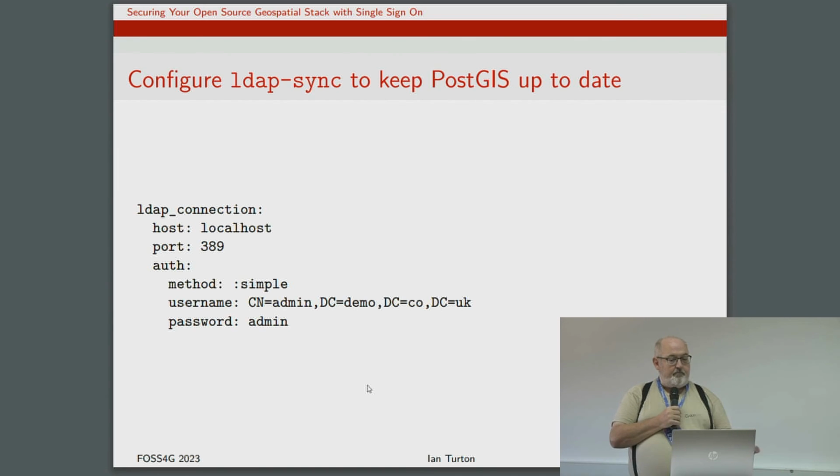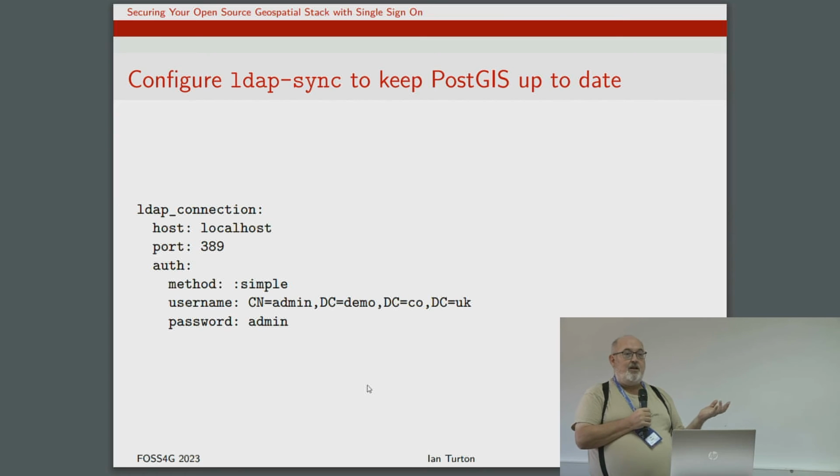PostGIS is a bit trickier, as I said earlier. You have to have the users pre-created in the PostGIS database before they can log on. So I use a program I found called LDAP Sync that I run with a cron job every minute. It says, okay, look at the LDAP, get me a list of users. Look at PostGIS, get me a list of users. Any that aren't in that list, move them over to there.